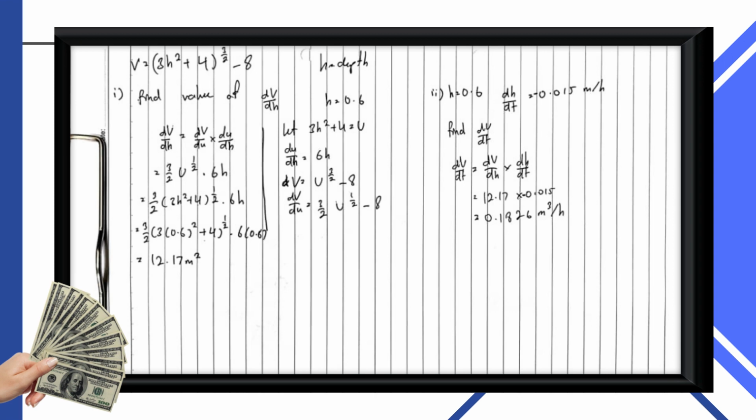To answer that, we find dV over dt, which is equal to dV over dh times dh over dt. dV over dh we get from the first part of the example, which is 12.17, times negative 0.015, which is given, and we get negative 0.1826 meters squared per hour.